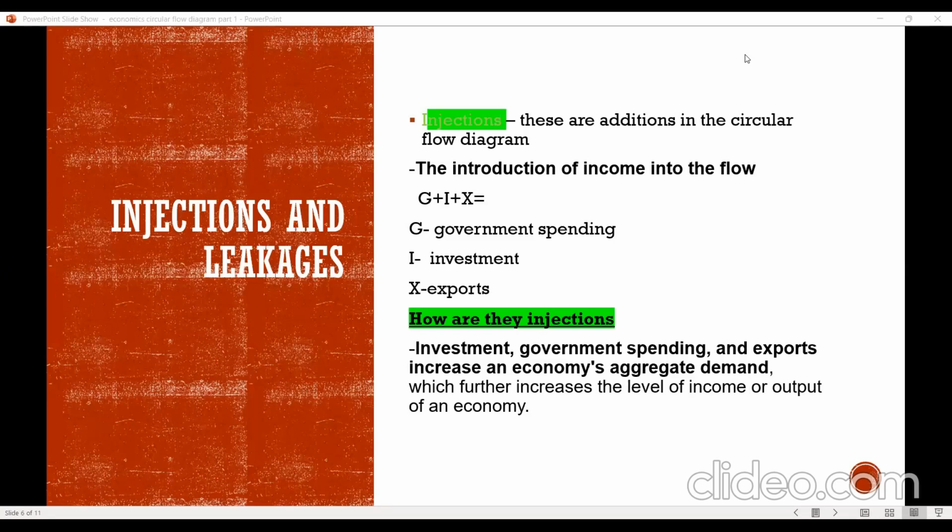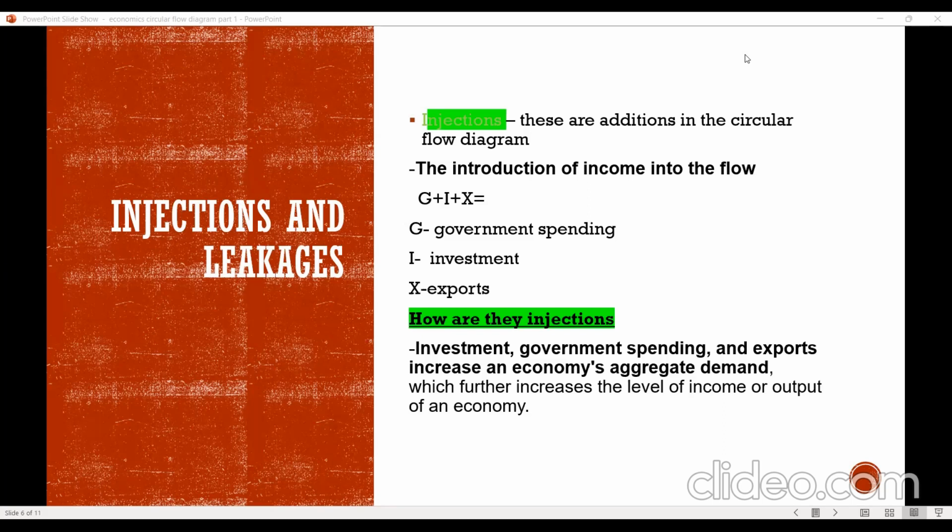An injection occurs when funds are added to an economy from a source other than households and businesses. Where it is not a household and not a business, that is where we call them injections.